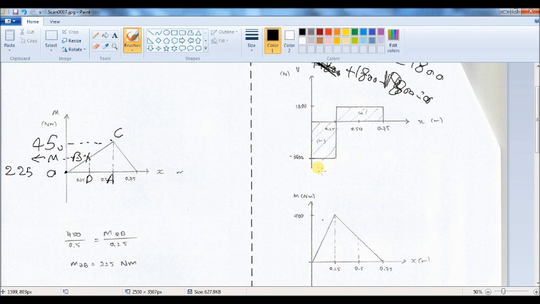As you remember, similar to the previous plane, I have to find the area under the diagram. So 3,800 times 0.25 equals 900 Newton meter.